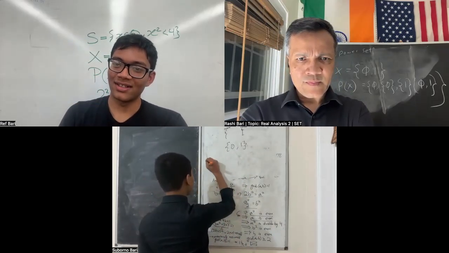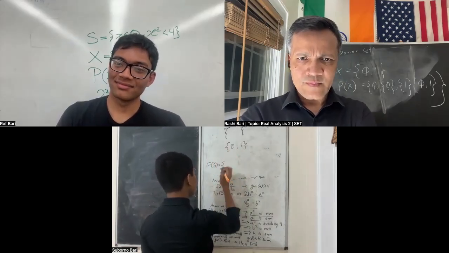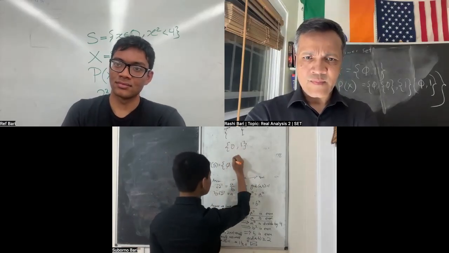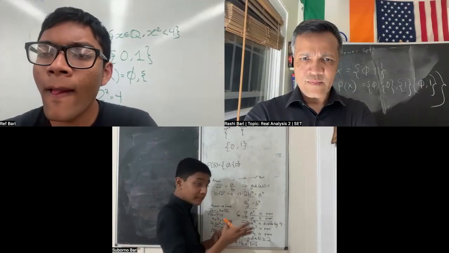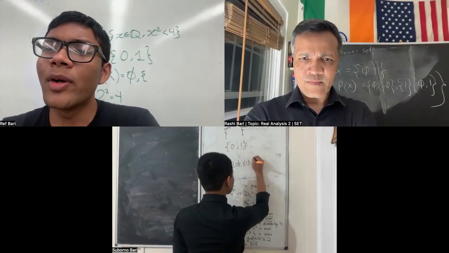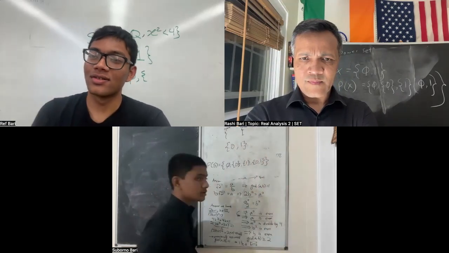What would be correct is writing the power set. If this was a 0, you could write the empty set, which is a set, then 0, which is a set containing 0, not the empty set, then 1, and then 0, comma 1, and then close bracket. Okay, good job.